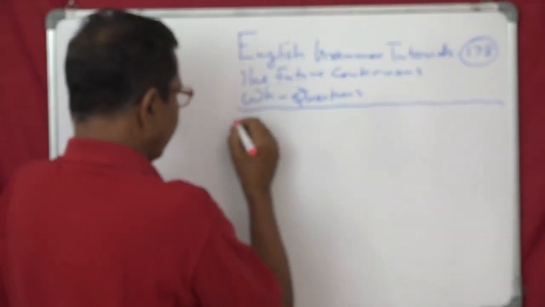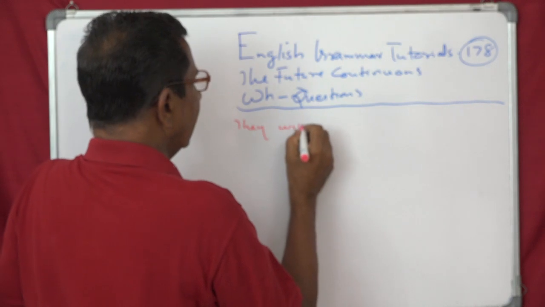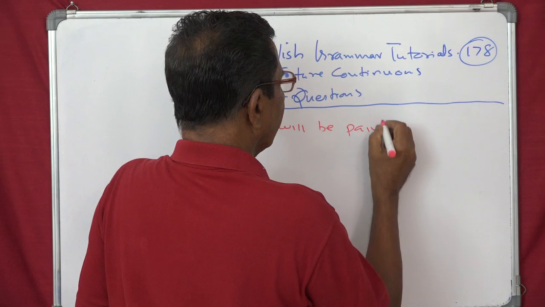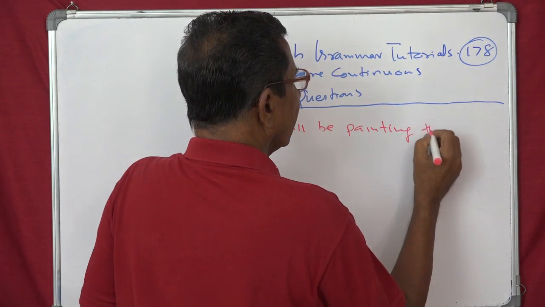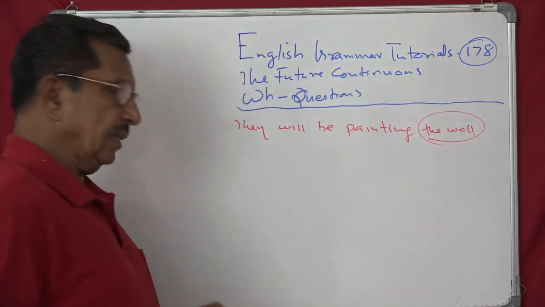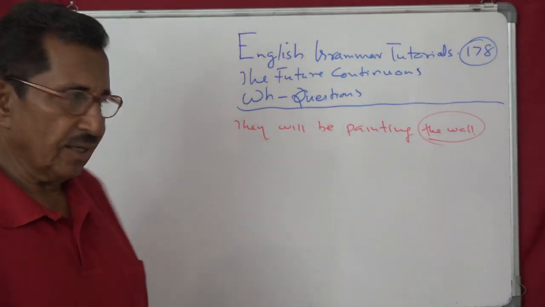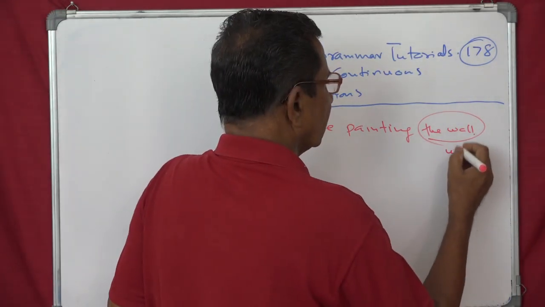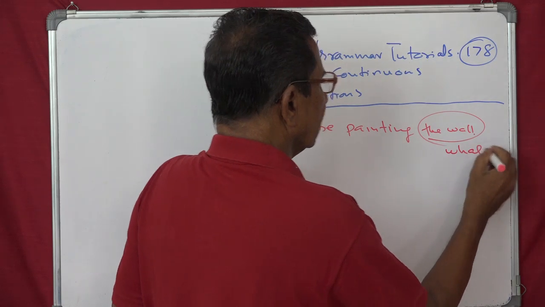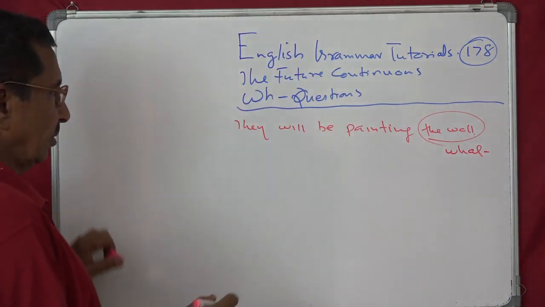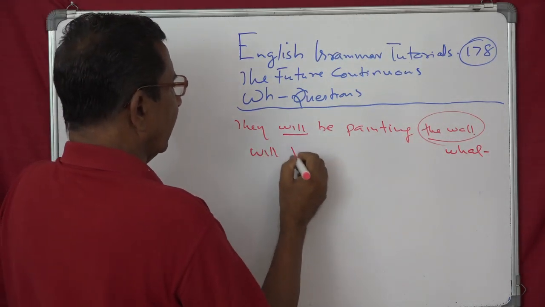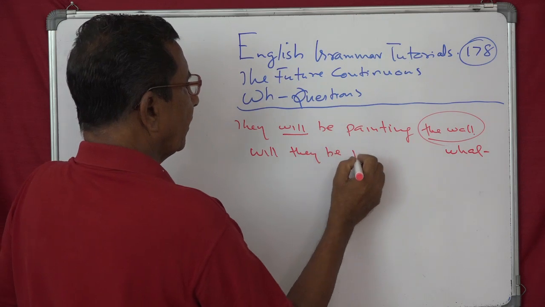So now let's say it like that. They will be painting the wall. You want to get wall as the answer, then the question word is what. You cannot say who, because this is not a person, so what. Now what will you do? They will be painting. So take will and make it, will they be painting.